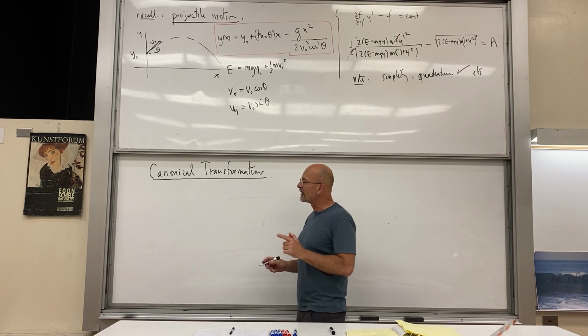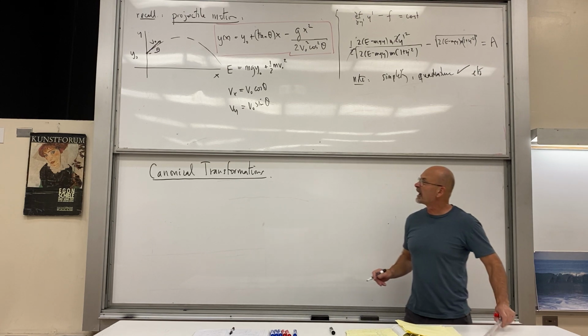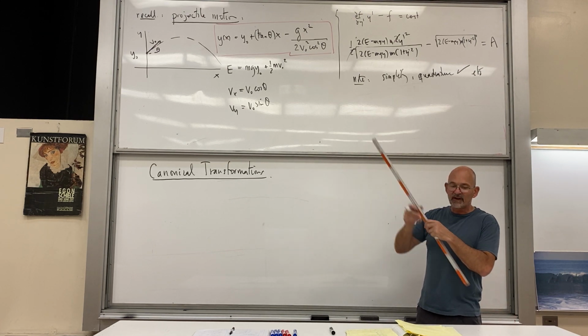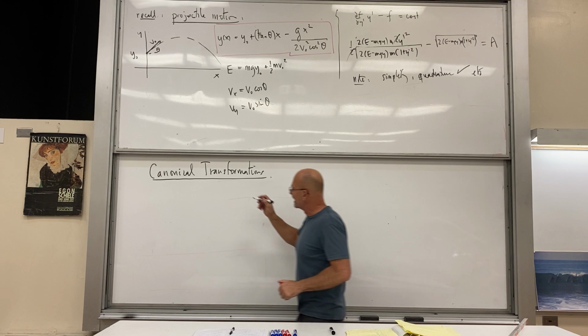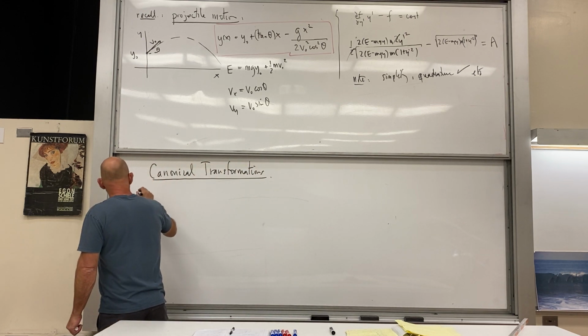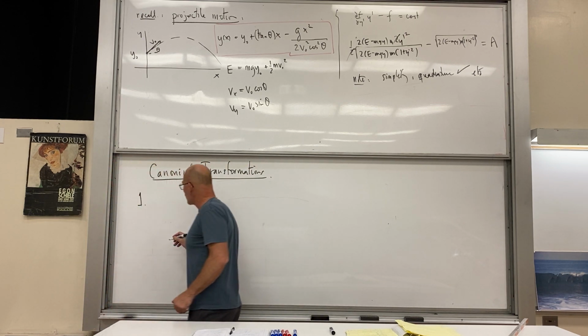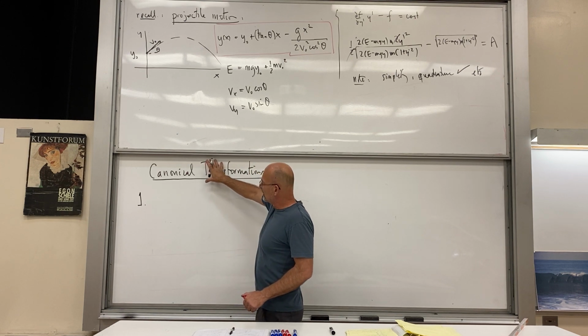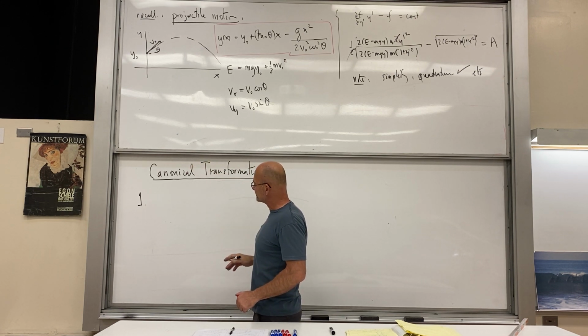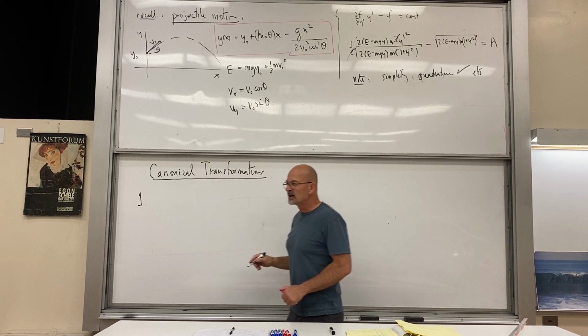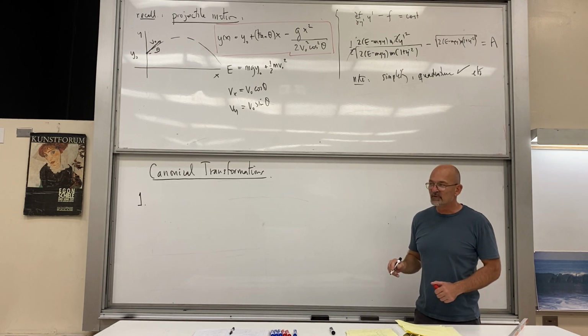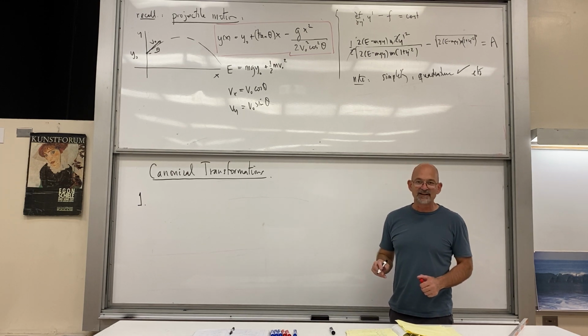Okay, we're going to go all the way back to, and it's good that we have these two problems up here, projectiles and Kepler. So the first thing to motivate what's going to be called the canonical transformation is the fact that we only solve our problems, it seems, if there's a cyclic variable.